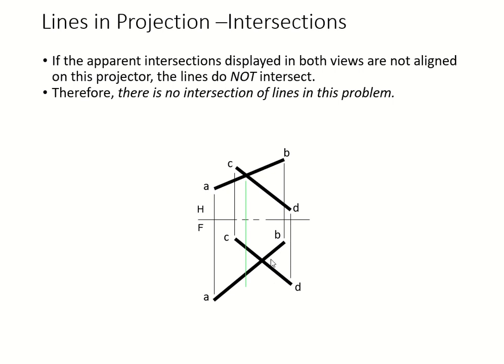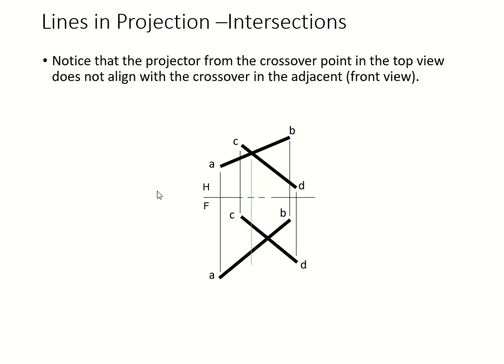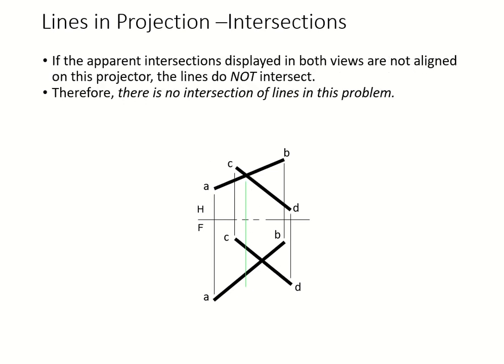So the apparent intersection for your front view is right over here, and from here they're not aligned. They're not aligned at all. Let's go back. The top view's crossover doesn't align with the crossover in the adjacent front view. The line coming out from that crossover point is not landing on this one, it's off. Therefore there is no intersection of lines in this problem. The lines do not intersect.